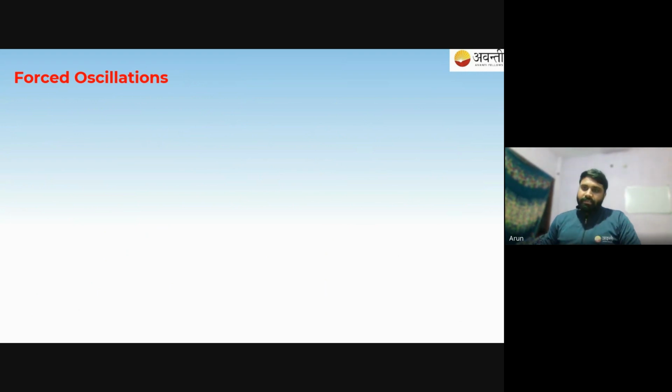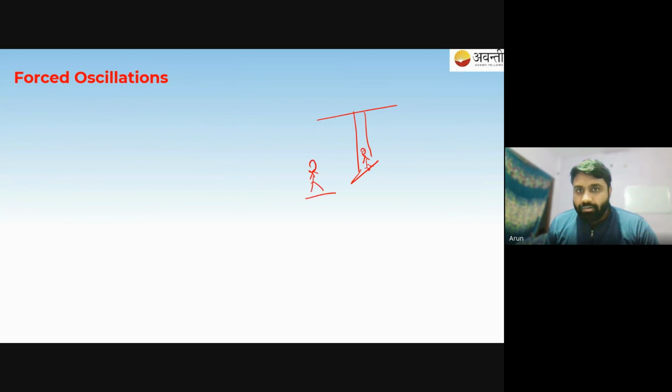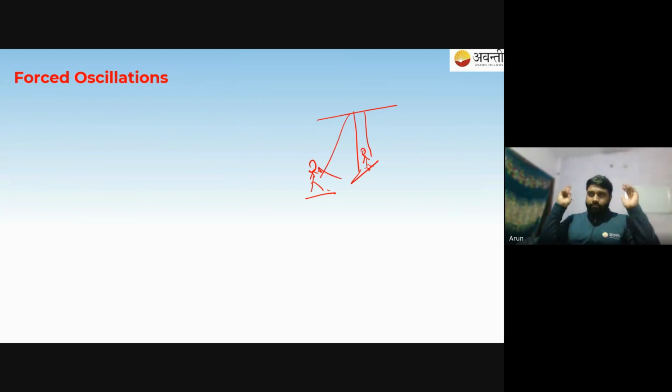So in a swing, if we have observed, let's say this is the swing that you have. Here the person is sitting, and this is another person who is standing on the ground. This person needs to pull it and then push it back.